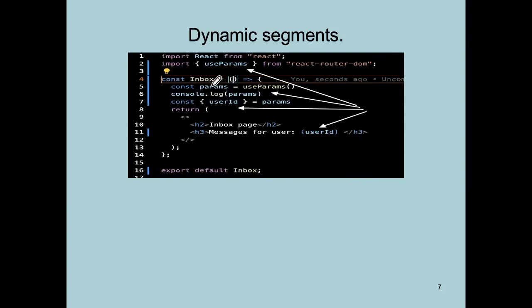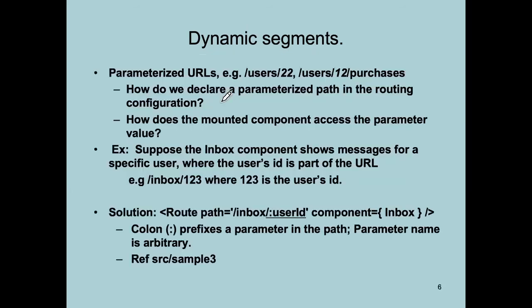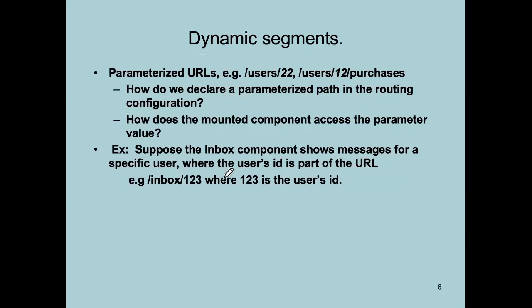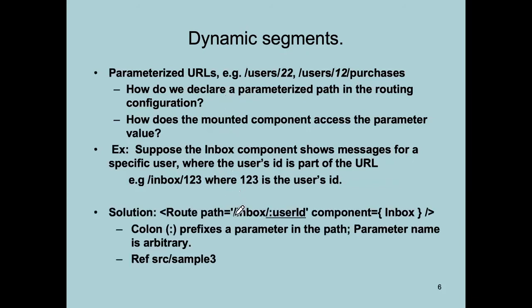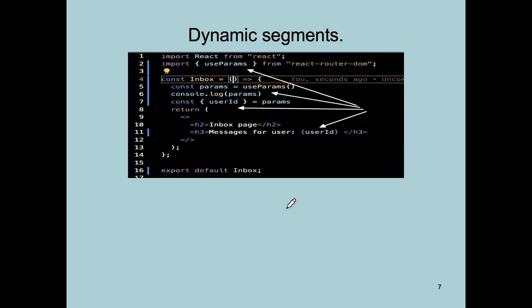Params is an object, and here I'm just using destructuring. So I'm picking out the userId part within that object. Where did the userId come from? That came from the name that I gave the parameter in my routing configuration. So params here is an object, and I'm just doing destructuring on it.